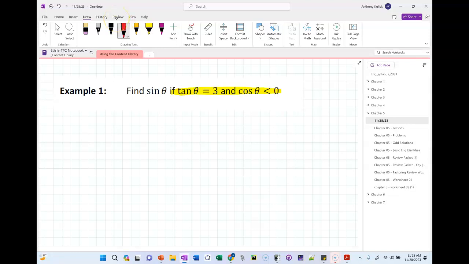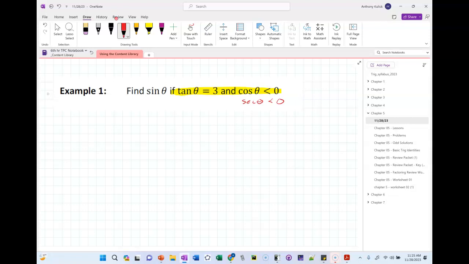If cosine is negative, what else can I say is negative? Its reciprocal function also has to be negative, right? If I have negative 4, its reciprocal is negative 1/4. It's still negative. So I know secant theta also has to be negative.